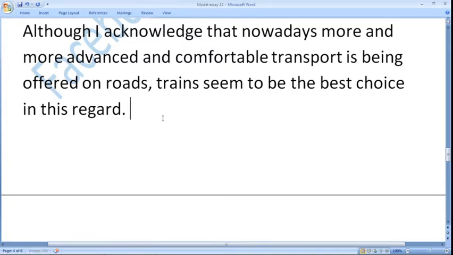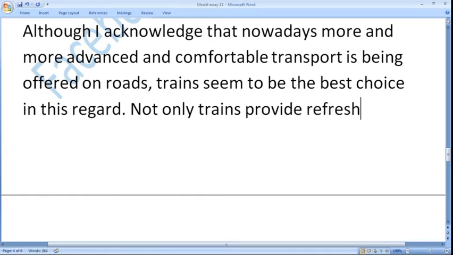Let us explain it a bit more. Not only do trains provide refreshment facilities. That I have in brainstorming, we have used this one.